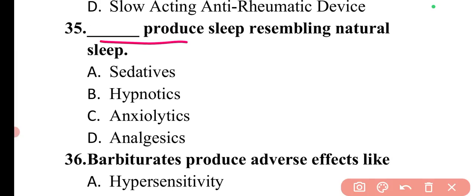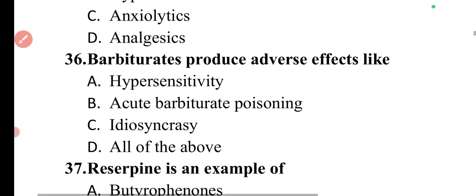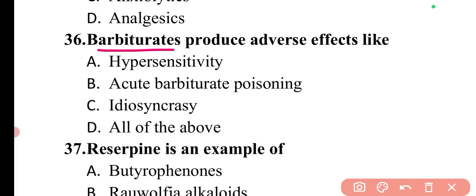Next question is, dash produce sleep resembling natural sleep. A kind of sleep which is just like natural sleep, and these are the drugs known as hypnotics. So here option B is correct. Next question is, barbiturates produce adverse effects like.